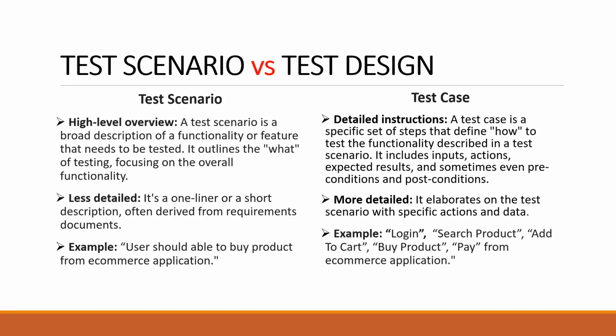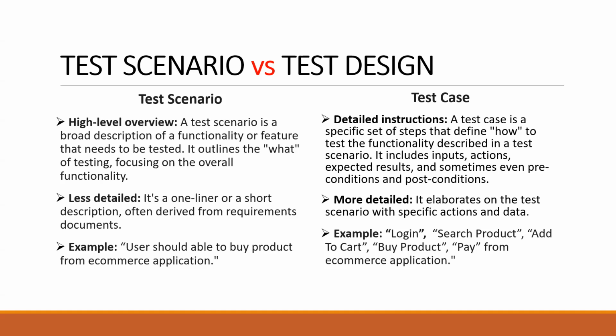So these are the different test cases we will design to achieve one business scenario, that is, the user should be able to buy a product. It means that one scenario can have multiple test cases to achieve that particular business scenario.